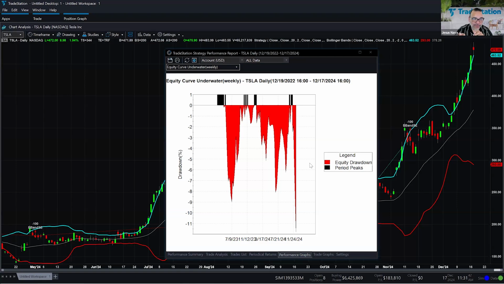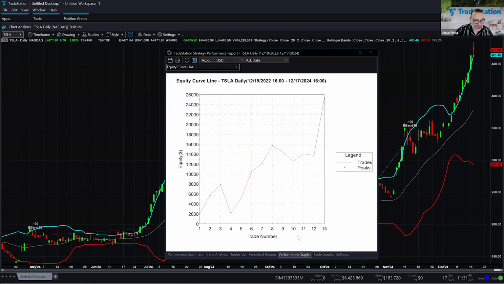You can see a lot of red here, and it represents the equity drawdown. Even though the equity curve line never reached the negative side because you never closed, in this particular case, you had some losing trades, but your equity never went to the negative side on a realized trade. It did go to the negative side on an open trade.